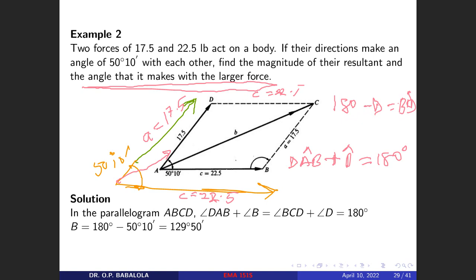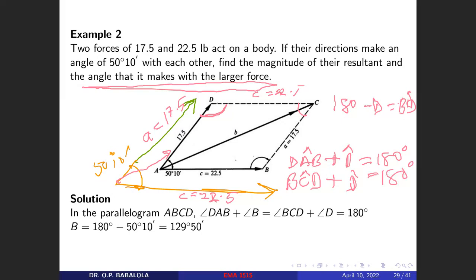And in that case, we can also say BCD plus D, this is D, this is B, don't confuse it, will also be equal to 180 degrees.